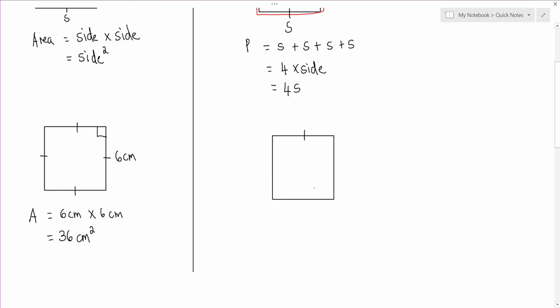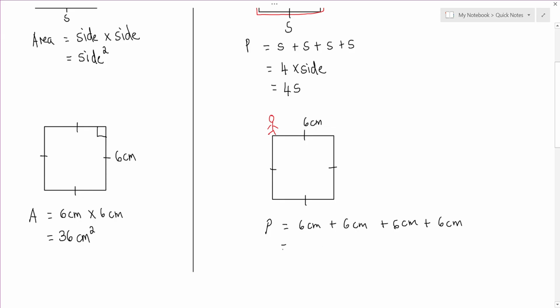Now let's look at the square on the right hand side, and we're looking at perimeter now. Remember what I said, we're going to take our stick person and make the stick person walk around. Now if you don't like formulas, you don't need to use a formula, you can just apply what you understand. So here P is equal to 6 centimeters plus 6 centimeters plus 6 centimeters plus 6 centimeters.